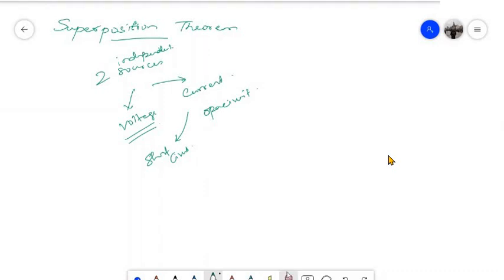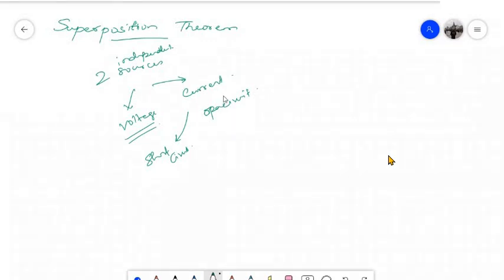Now I will try to explain this with the help of one example. Before that, I will put before you this superposition theorem. In any linear network which contains two or more sources, the response in any element will be equal to the algebraic sum of responses caused by the individual sources acting alone.